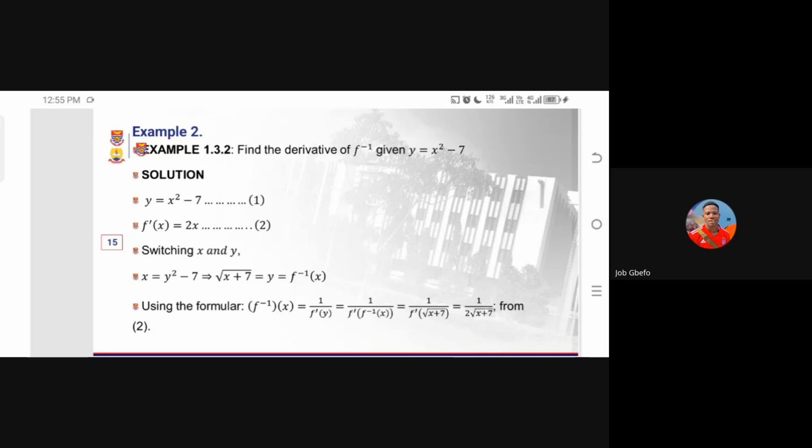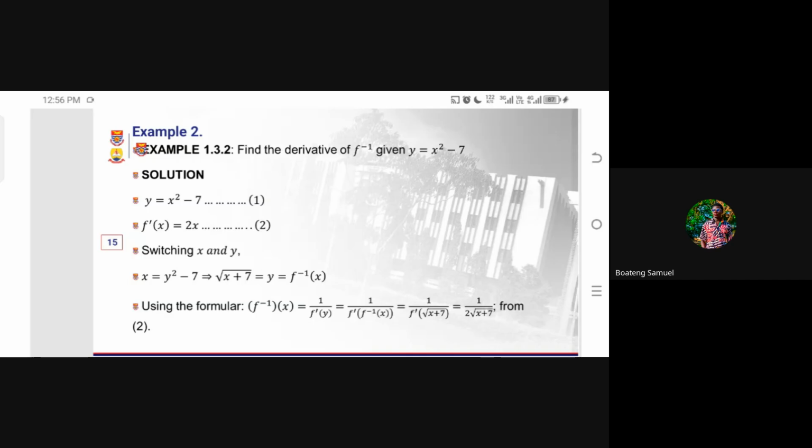Square root of x plus 7. Very good. So now we know the inverse to be square root of x plus 7. Now let's find the derivative of y. What is the derivative of y? 2x. Now let's find y prime of y inverse of x.